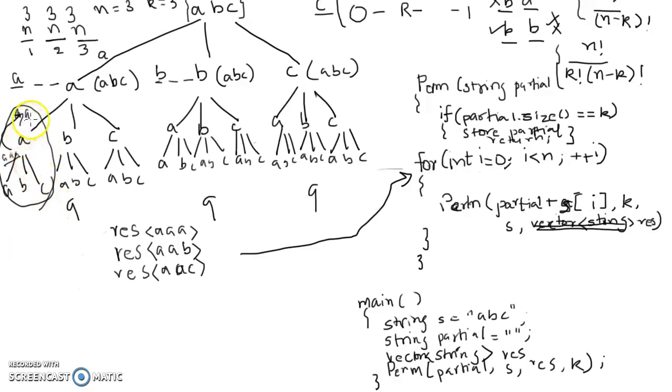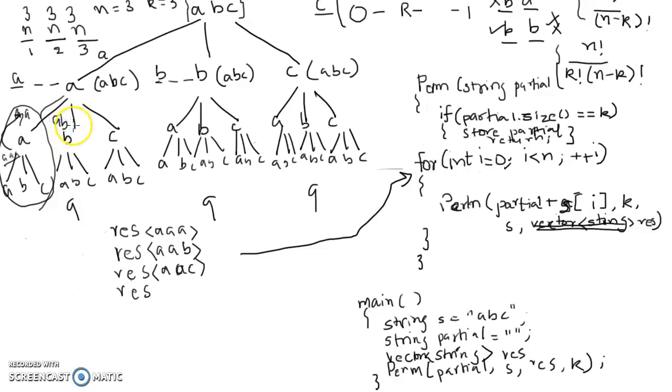And now we go back to the A branch, where the partial would be A, and the index would have been 1. So now it's going to be the second index, so the partial would be added B. So the partial would be AB here, and the same thing repeats.